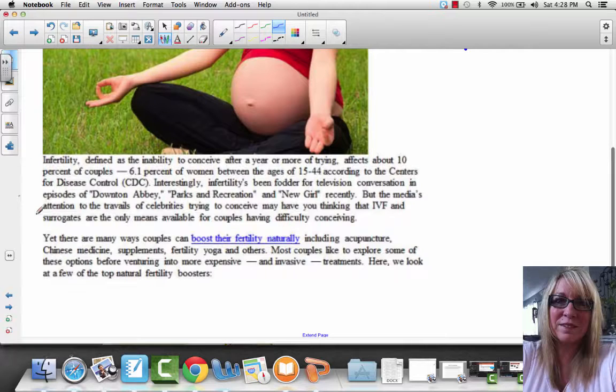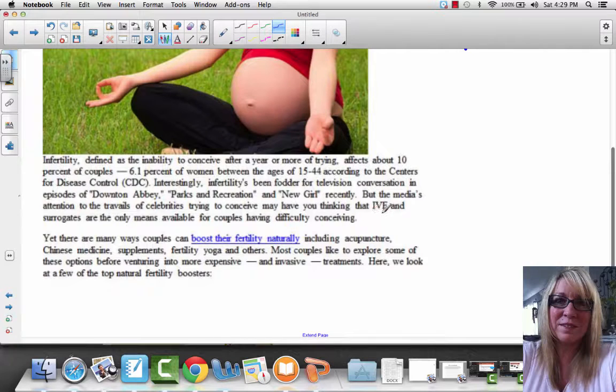recently. But the media's attention to the travails of celebrities trying to conceive have you thinking that IVF and surrogates are the only means available for couples having difficulty conceiving. IVF is in vitro fertilization, by the way. And a surrogate is someone else, like they implant the egg and the sperm in another mother, and it grows inside of her, and then when the baby's born, she gives it back to the parents.